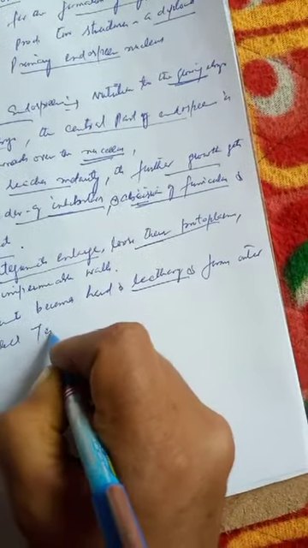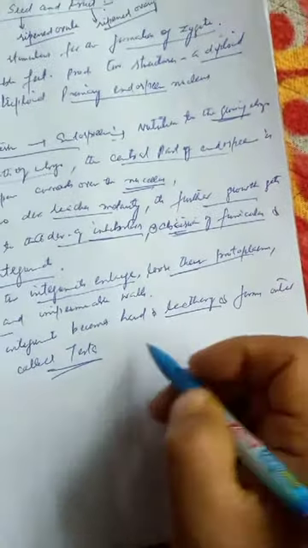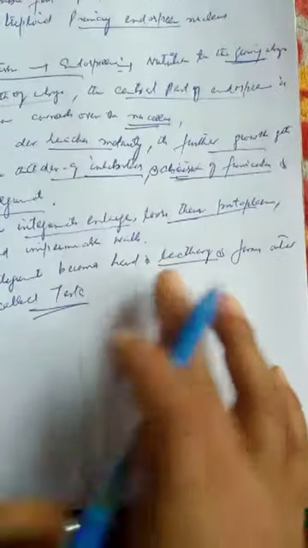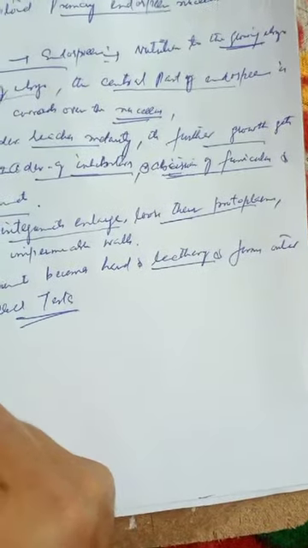The outer integument becomes hard and leathery and forms the outer seed coat called testa.